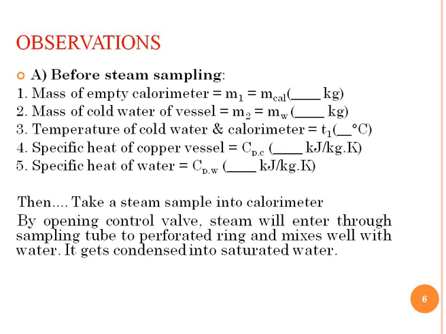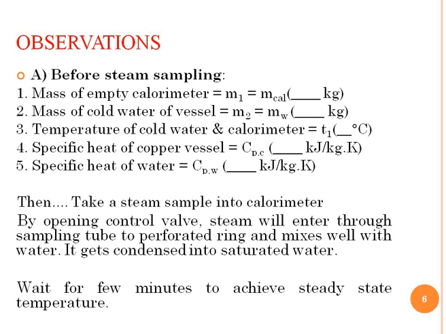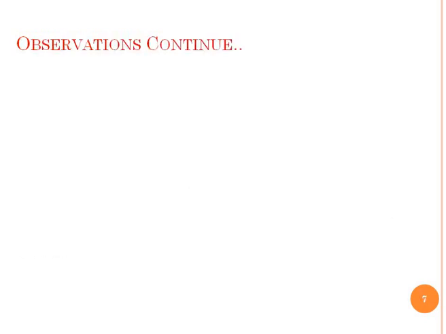During this process, we also have to measure the pressure of steam using the pressure gauge. And for a few minutes, we will have to wait to achieve a steady state temperature inside the copper calorimeter, so that the temperature does not change with time, and there is no effect of time on our readings.